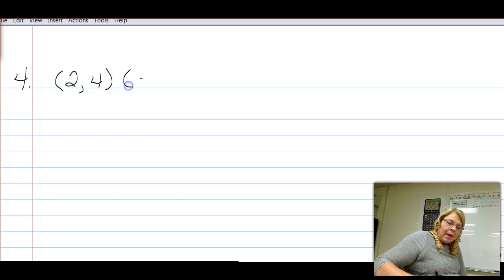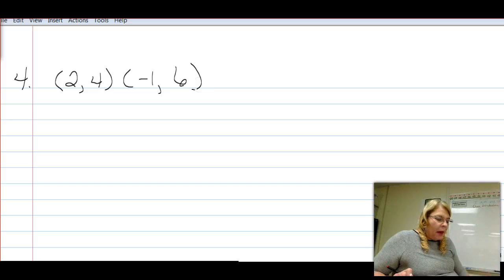Number 4, write in standard form the line passing through the points 2, 4 and -1, 6. Okay, before I can write an equation of a line, I need a slope.